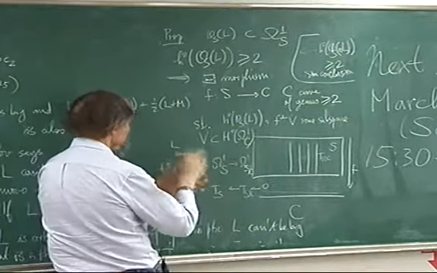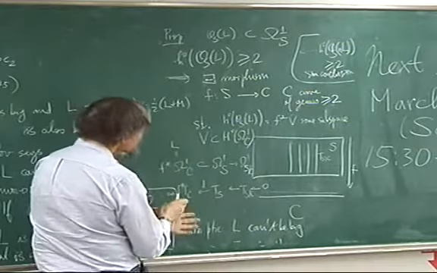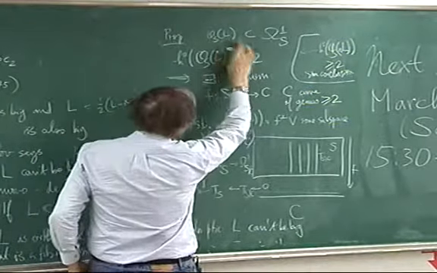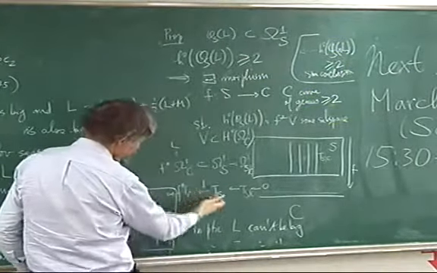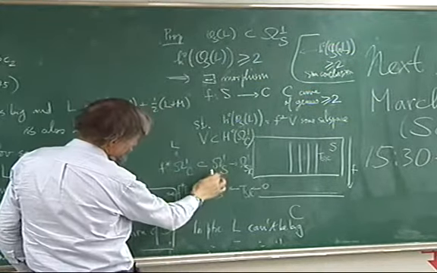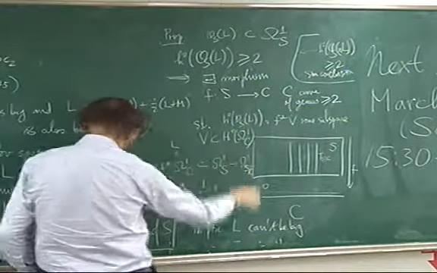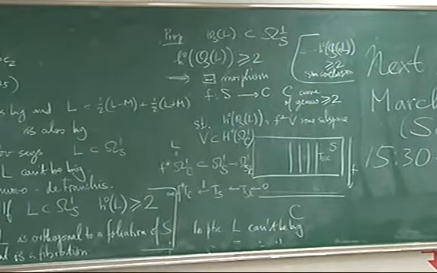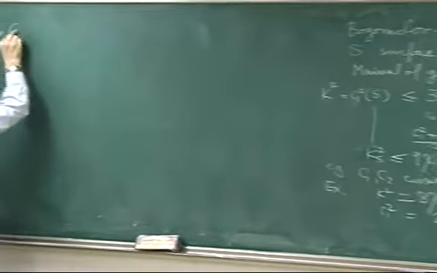So L is parallel to this. The subsheaf L contained in Omega^1_S is parallel to this subsheaf of Omega^1 corresponding to the foliation, fibration. Right. So the proof is Castelnuovo's idea.